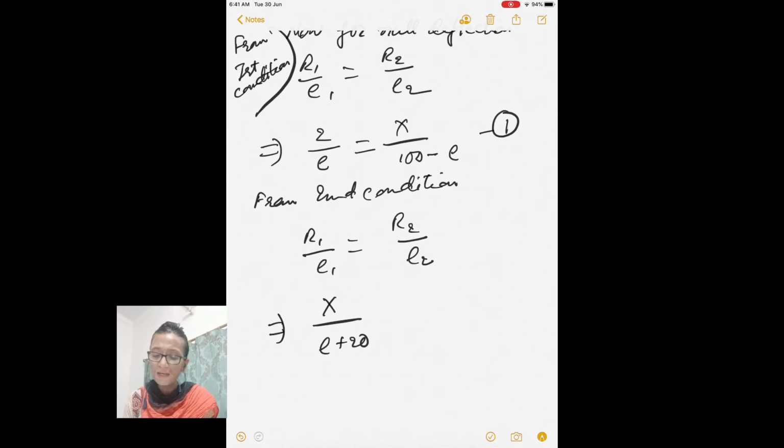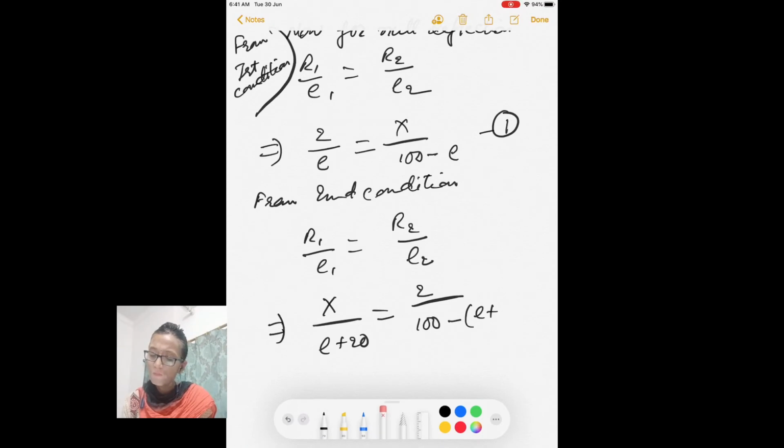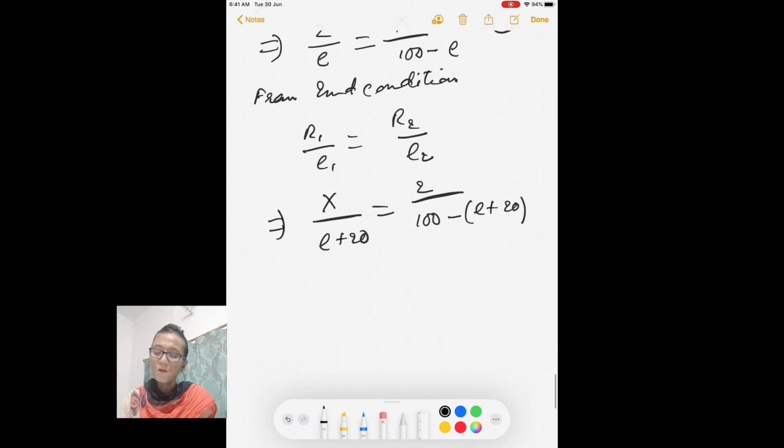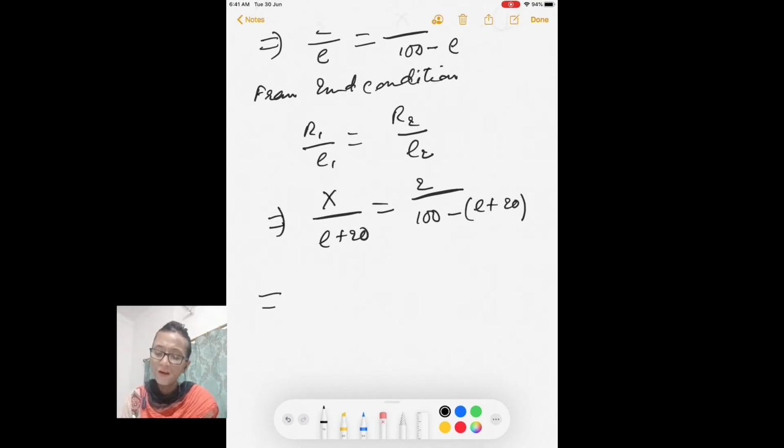L plus 20 is equal to 2 upon 100 minus L plus 20. So let us simplify this. X into 80 minus L is equal to 2L plus 40.